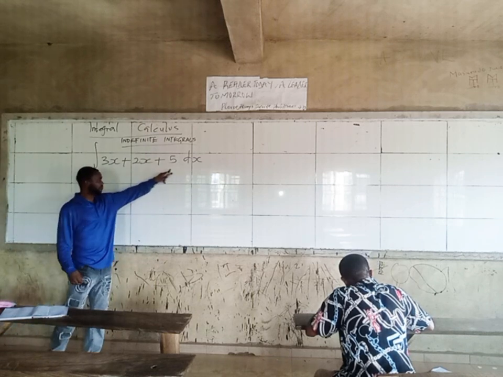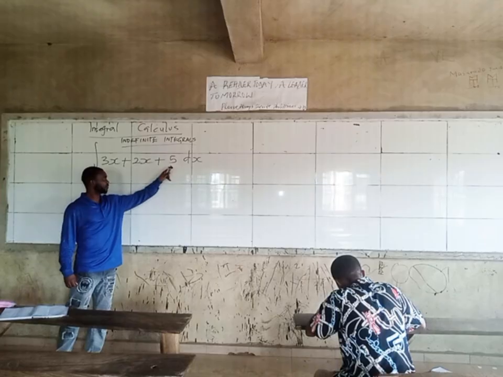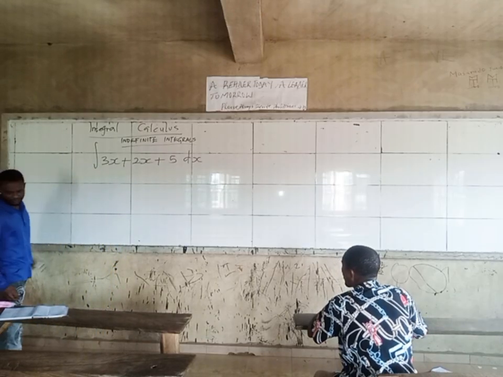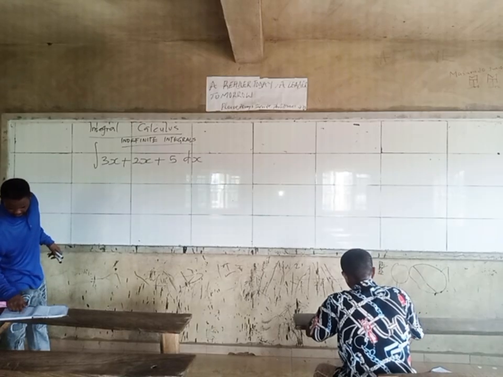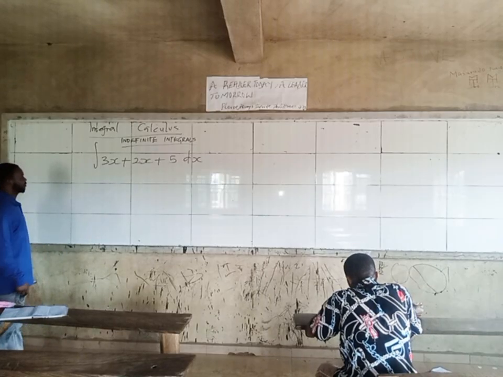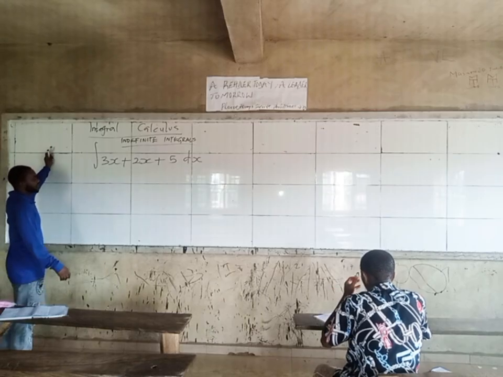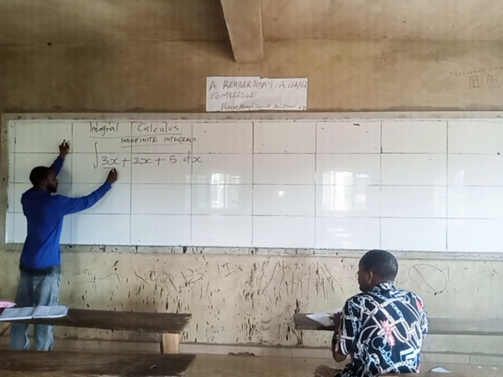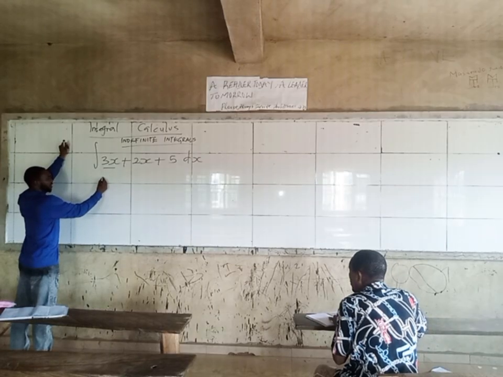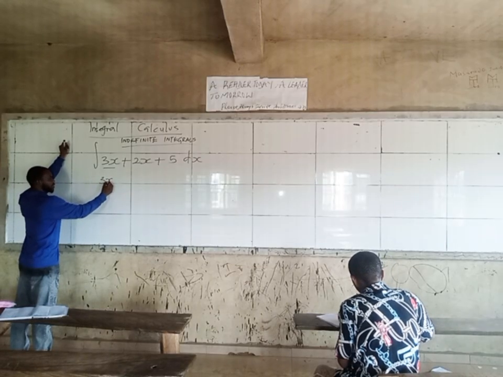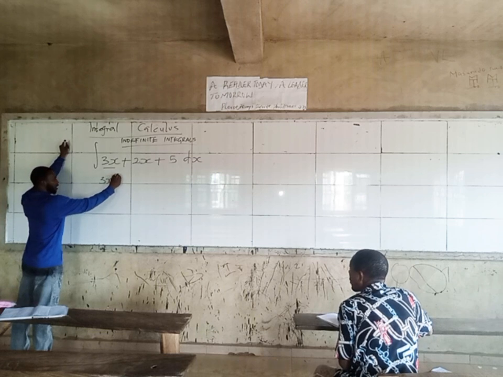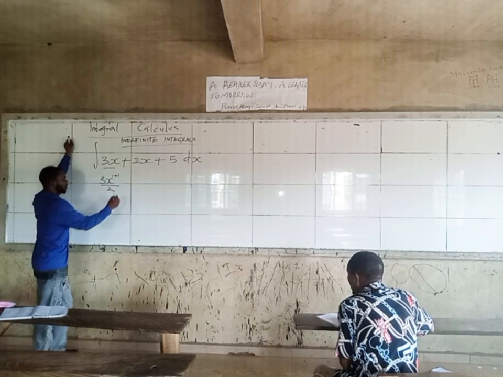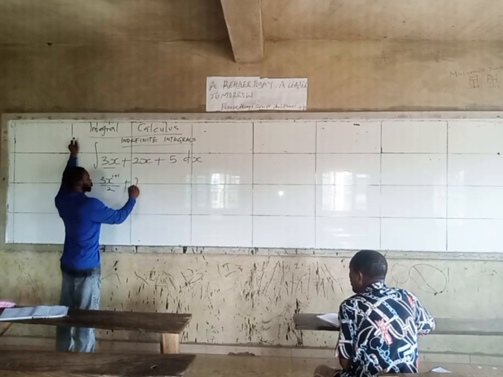Okay. So for us to integrate this with respect to x simply means that, since everything we have here, the only one that doesn't have x is the one that has 5. So if we're integrating this, using the rule of integration, this will now become 3x raised to power 1 plus 1 all over 2, then plus 2x.